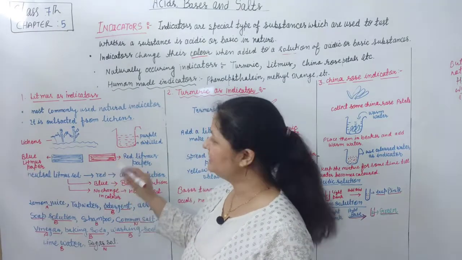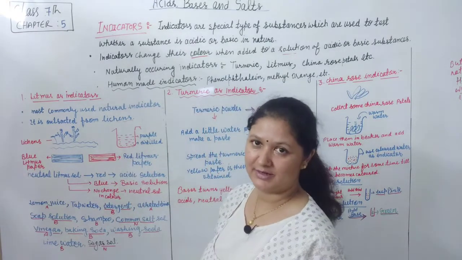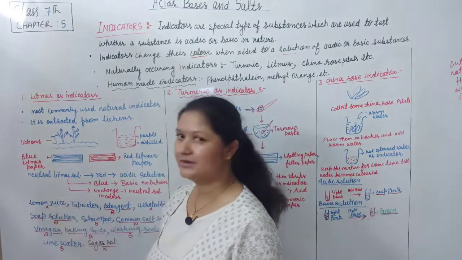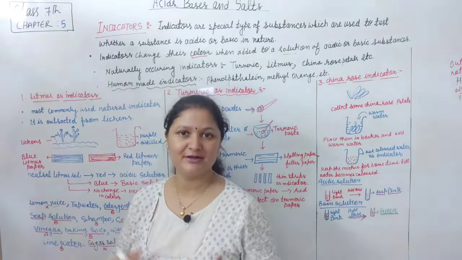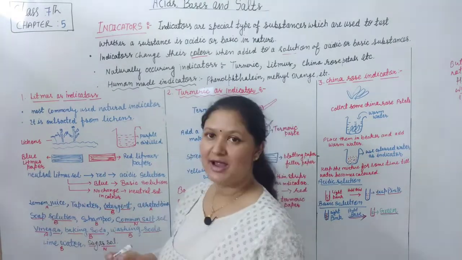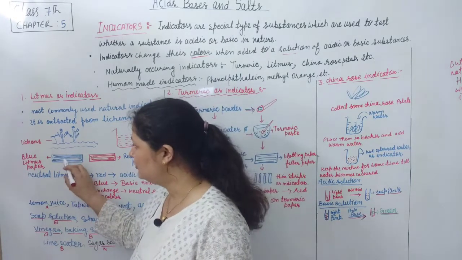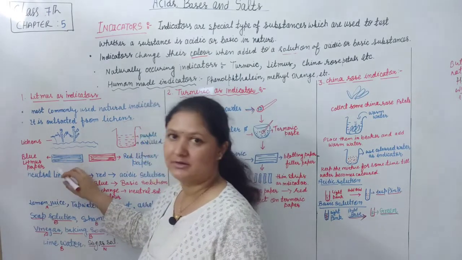Right students, so let us understand this with the help of an activity. First you take some lemon juice, right? Add some water to it. After that you make a lemon juice solution. You add a few drops of lemon juice solution on this blue litmus paper.